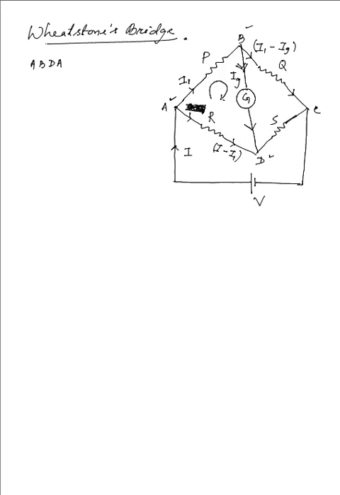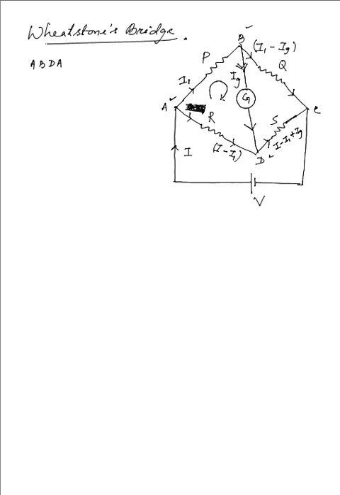Both those currents, as they meet at the point D, get added, since they are entering the junction, as per the junction law. So what flows through DC is I minus I1, the current flowing from A to D, plus Ig, flowing from B towards D.